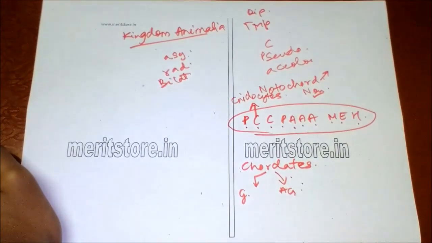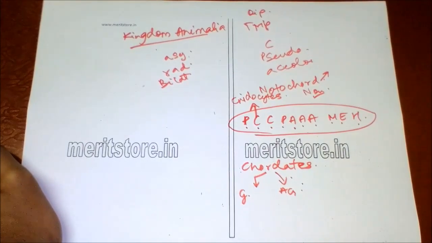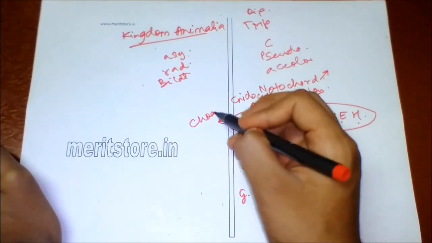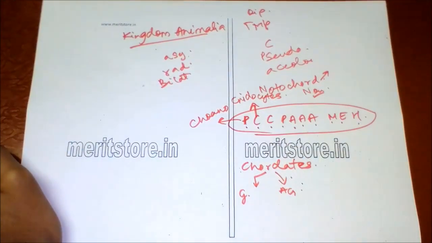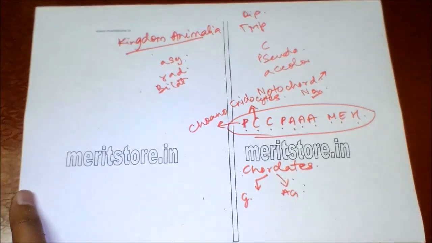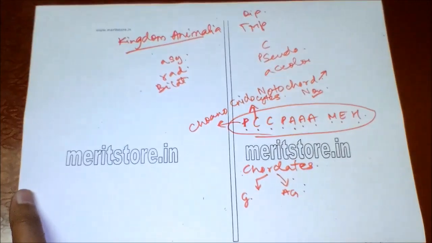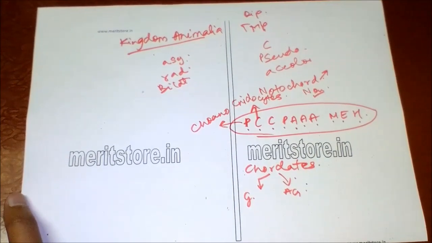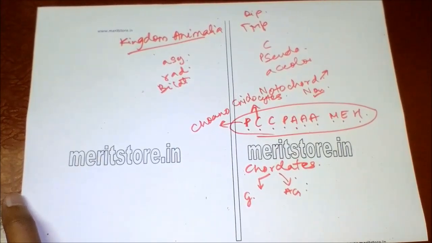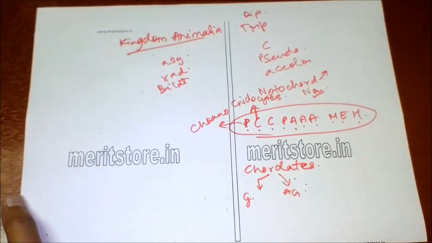Choanocytes are collar cells which help in digestion and are seen in Porifera. Then comes Ctenophora, which includes sea walnut and comb jellies. Bioluminescence is seen in Ctenophora. Then comes Platyhelminthes, these are flatworms. Taenia and Fasciola, which is liver fluke, are examples. Hooks and suckers are present in these animals.